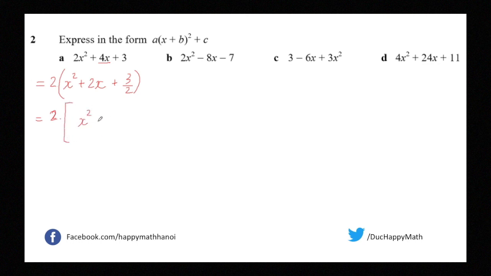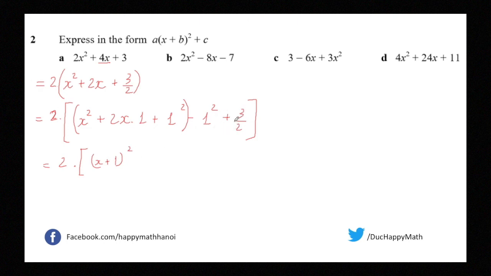A square means a square plus 2ab, and b equals 1. Plus 1 square, it means you have to minus 1 square, and rewrite the constant number. So the first three terms, you can combine them and get h plus 1 square, and minus 1 plus 3 over 2.